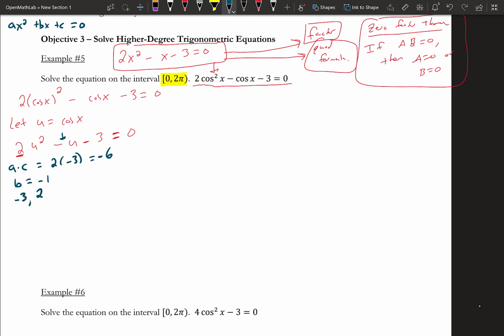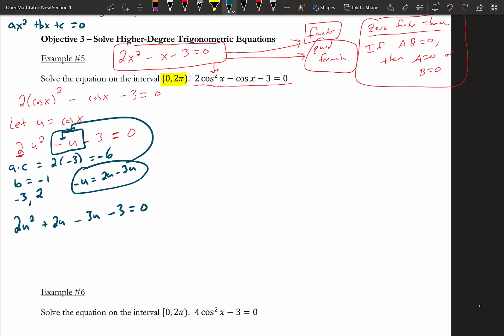Then I'm going to rewrite this middle term, negative u, using those numbers as the coefficients. That would give me 2u squared, and it makes sense to match the 2's together and the negative 3's together. So we'd have 2u squared plus 2u minus 3u minus 3 equals 0. I just noted that negative u equals 2u minus 3u, so I took this and put it in place of this term.